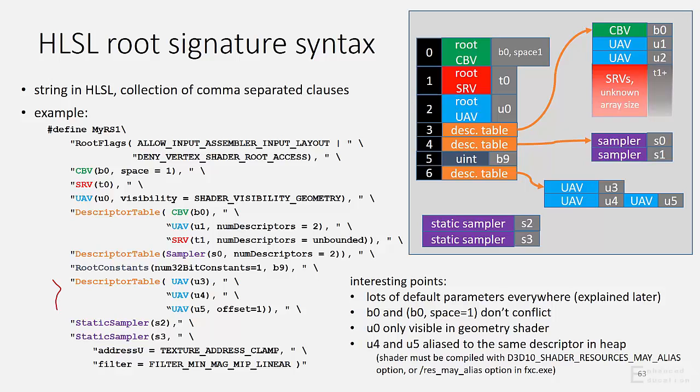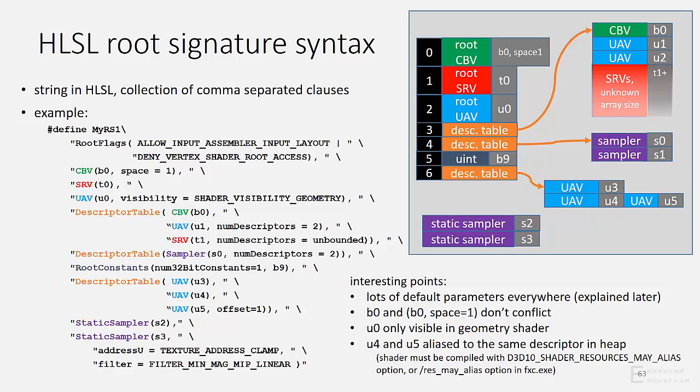The interesting part of this example is there are two UAVs defined, or there's essentially a range of two UAVs that will be assumed to be in a descriptor heap where the descriptor table pointer is pointing, but slots U4 and U5 in HLSL will both get their binding from the same location in the descriptor heap. So this is a form of descriptor aliasing where a single slot in a descriptor heap can be bound to multiple bind points in a program.